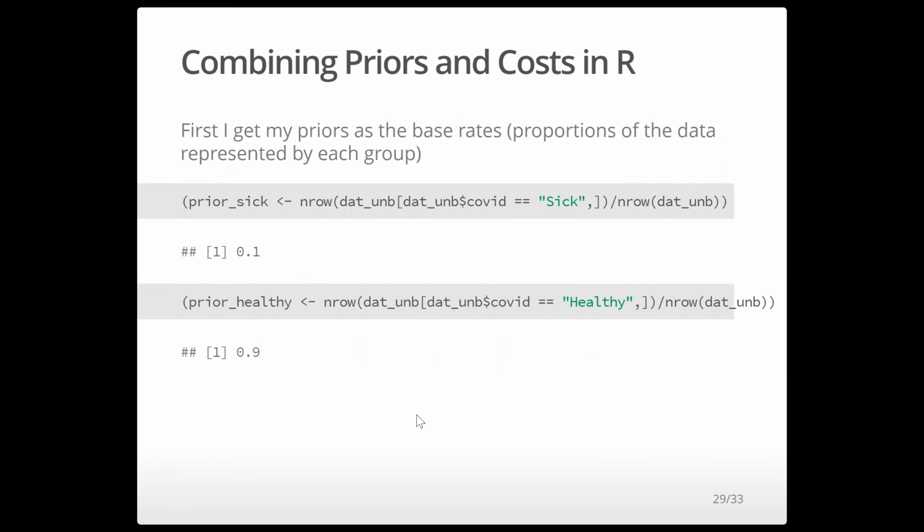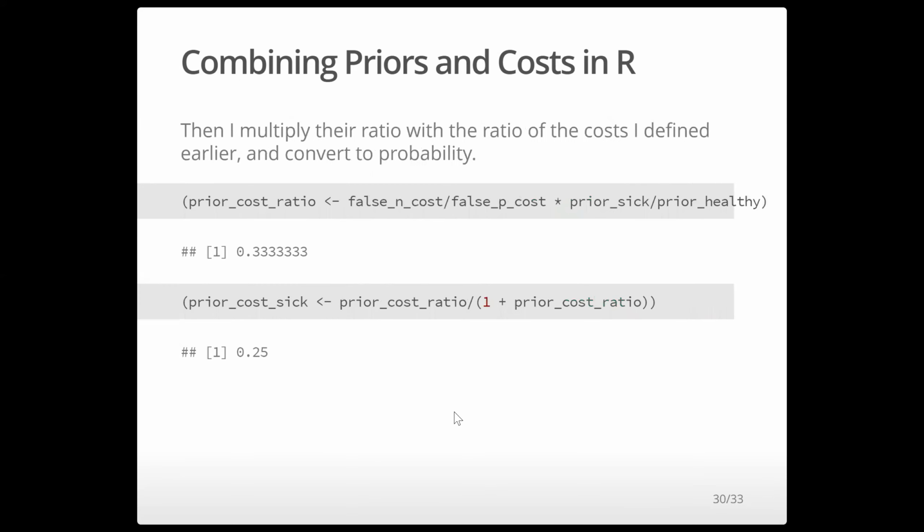The first thing I'm going to do here is get my base rates. I'm going to get my base rate for sick, which is my prior for sick, and my prior for healthy, just by taking the proportion of observations in each category. Then I'm going to multiply this by my cost ratio. This is the cost ratio we had before, the cost of a false negative to the cost of a false positive, times prior sick over prior healthy.